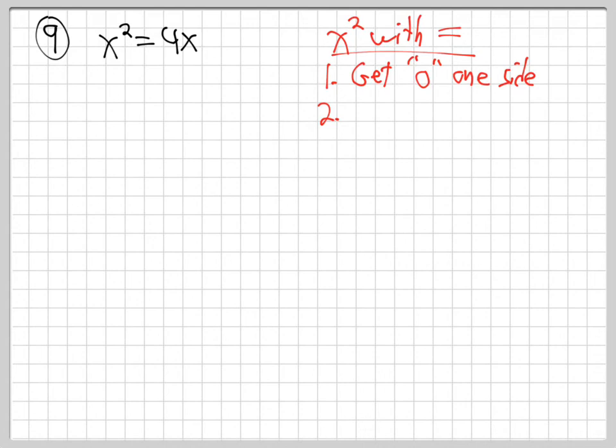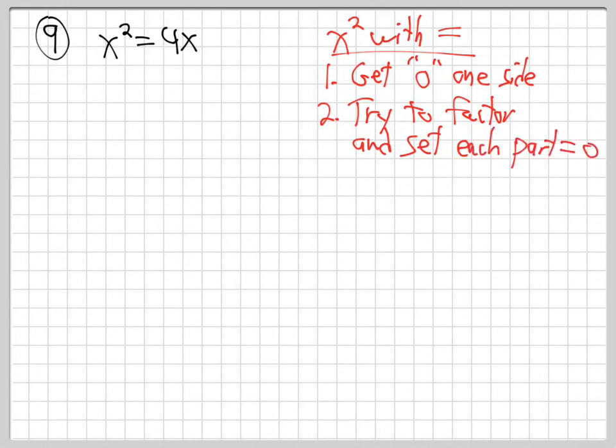Step number 2. Try to factor and set each part equal to 0 and solve. Okay. So there are the steps for how you handle x squared with an equal sign.